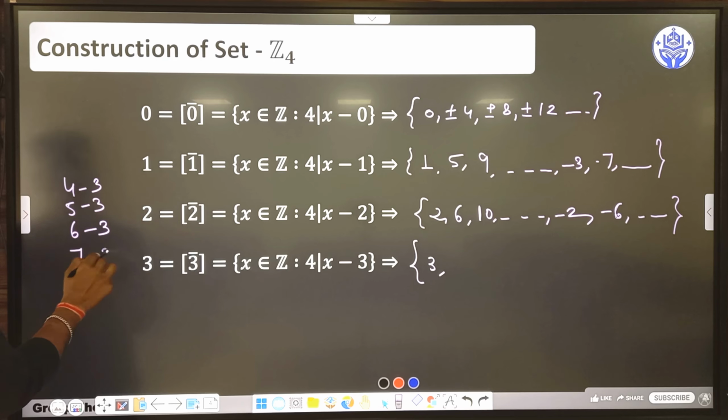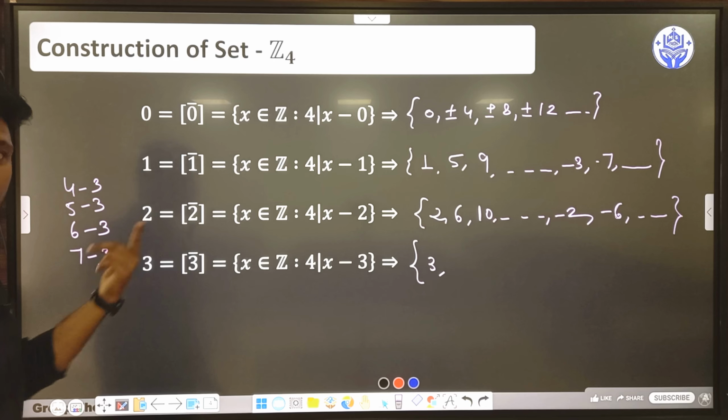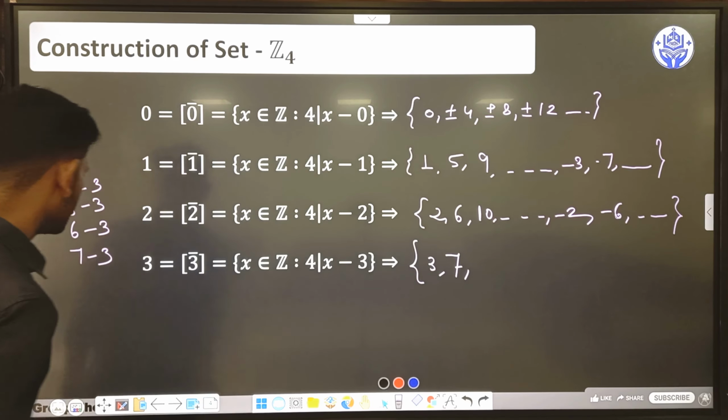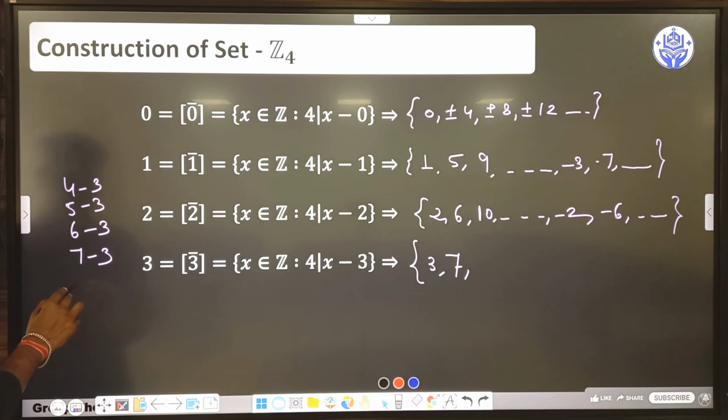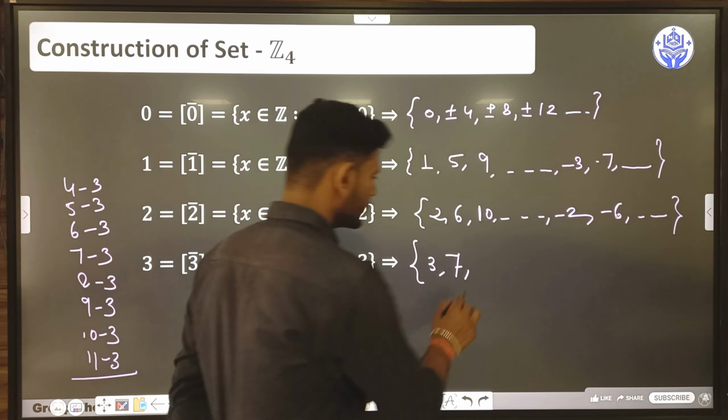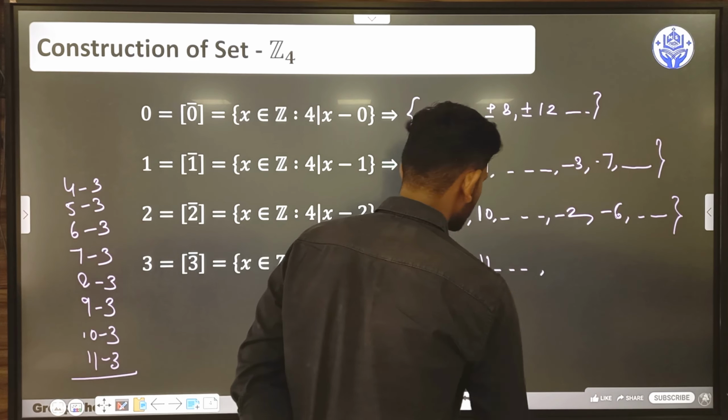Okay, 7 minus 3, that will be 4. It means that 7 can be here. So next what can be here? If it is 7, then 8 minus 3 is 5, 9 minus 3 is 6, 10 minus 3 is 7, 11 minus 3 is 8. Can write 11 here. These are positive quantities.